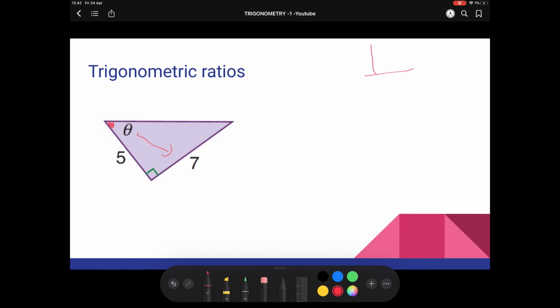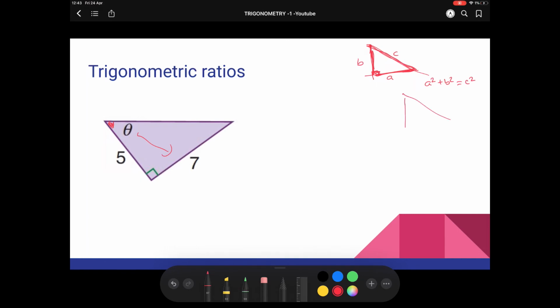Remember, there is another theorem in a right angle triangle, the most famous one, the Pythagoras theorem. If we have two lengths given in a right angle triangle, you can figure out the third one by using the Pythagoras theorem.